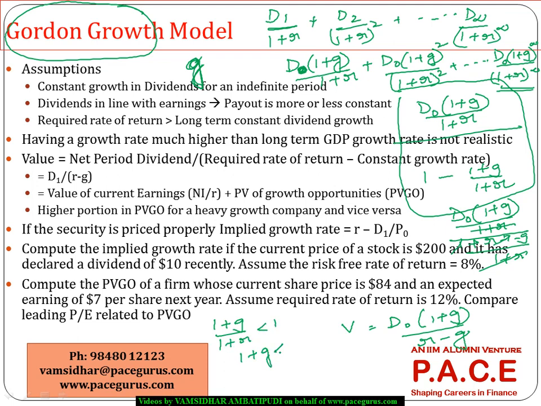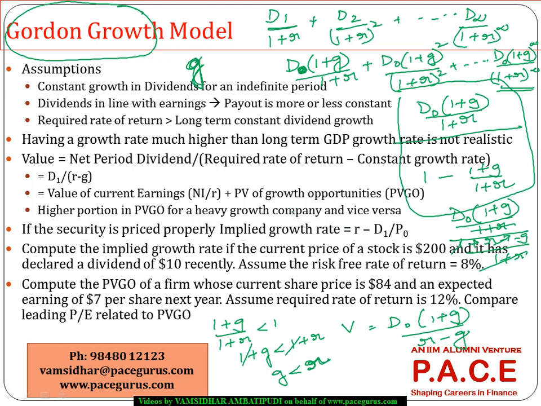So 1 plus G should be less than 1 plus R. So this is applicable only when G is less than R. Here we are talking about G as a constant growth rate. When the constant growth rate of the firm is lesser than the investor's required rate of return, then I can use this model as the valuation model.